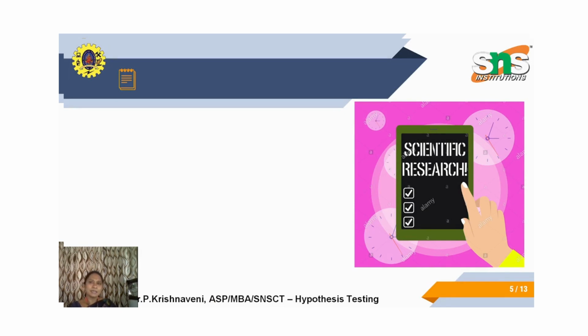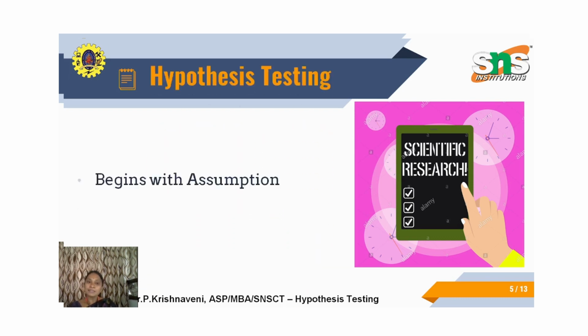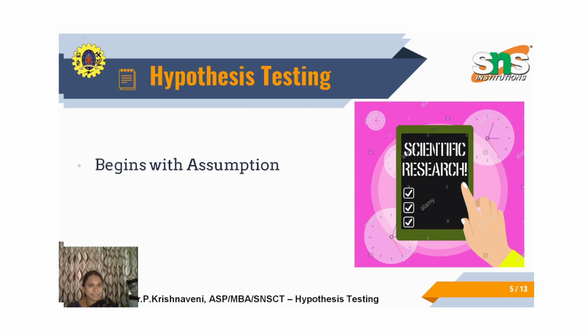In this series of lectures we are going to see about hypothesis testing. Testing normally begins with an assumption. These are all the symptoms. I may have COVID, may not have COVID.